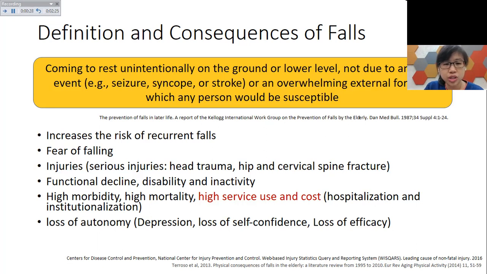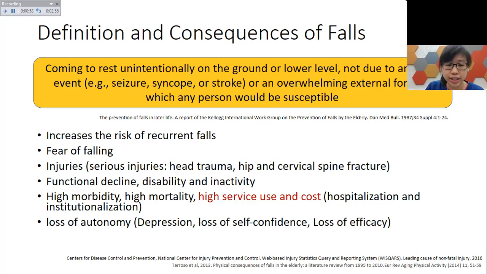Let's look at the consequences of falls. Falls increase the risk of future falls. It also results in a fear of falling, and injuries such as hip fractures, and rhabdomyolysis from long lie, if the individual is unable to get up after a fall, resulting in acute kidney injury, and also increases the risk of pressure injuries.